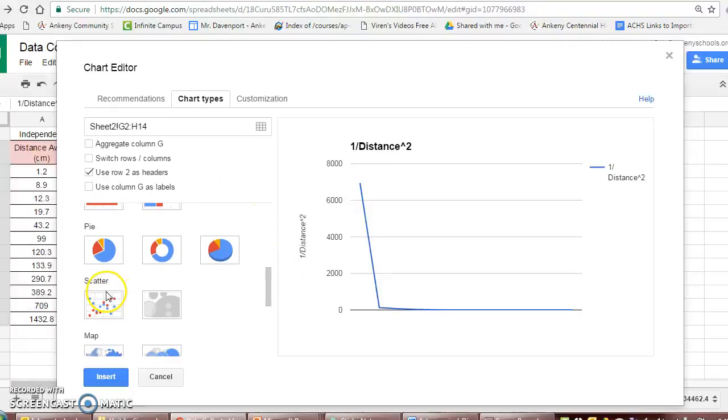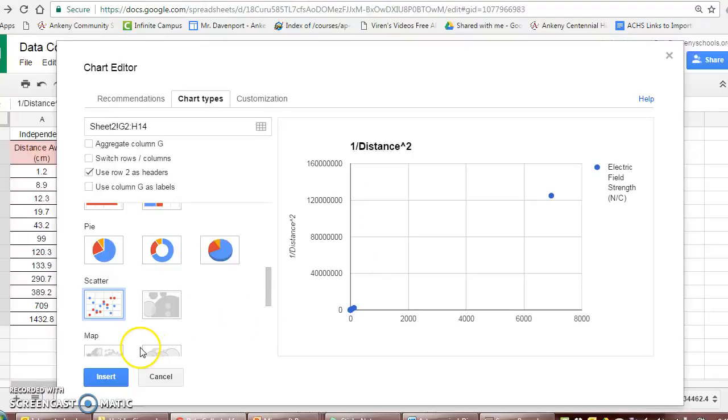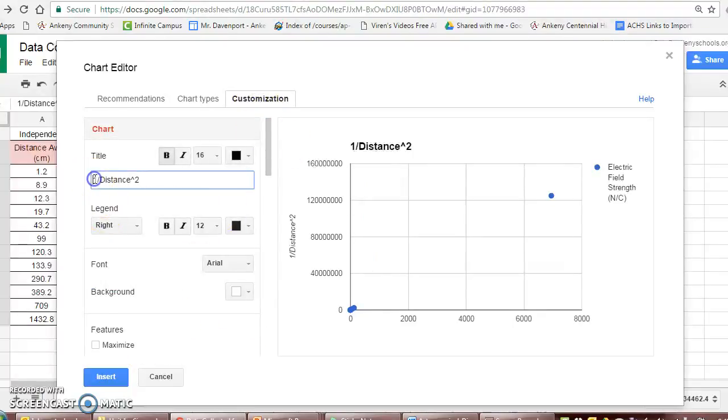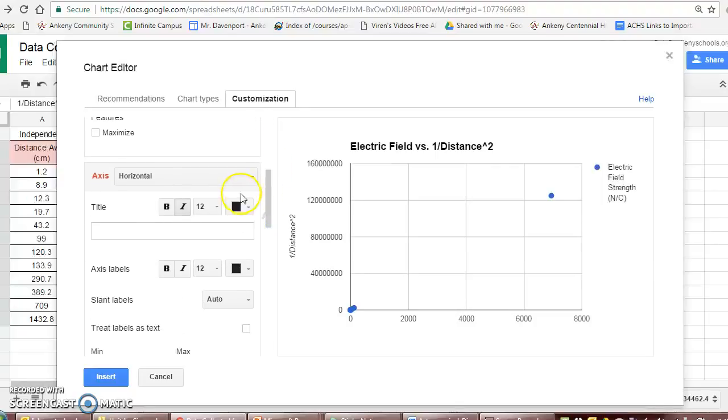Pick my scatter plot, and it looks pretty linear this time, so I can go to my customization. This is actually electric field versus 1 over distance. You got to be careful. Sometimes Google Sheets will mess up your axes. The horizontal axis is actually 1 over distance squared.